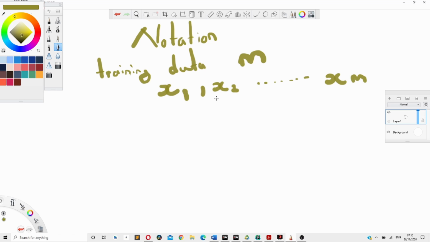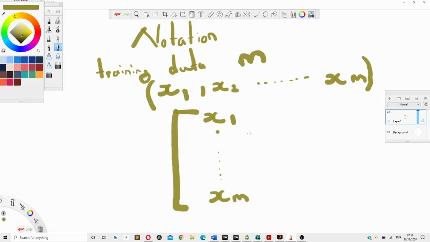We are going to represent our entire training set with M. This is going to be a column vector, which we are going to feed into our neural network architecture, from x1 up to xm. So this is for our input, this is for our training data.